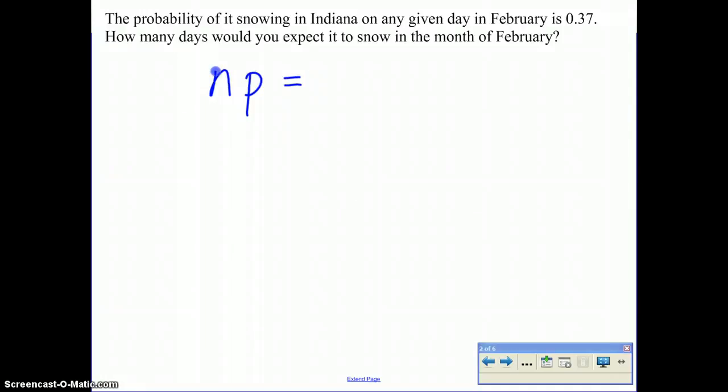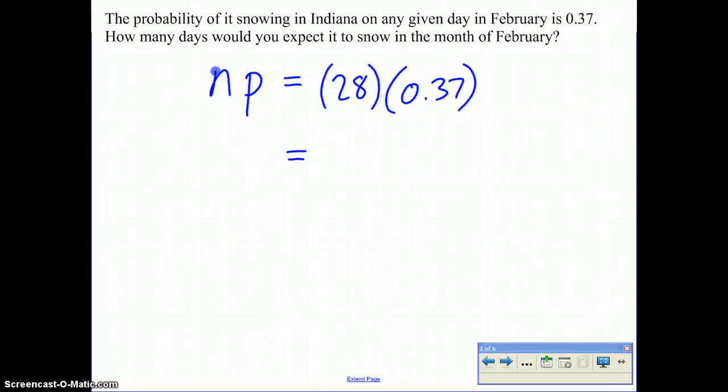Although this is leap year, let's say it's not, the number of days generally in February is 28, and the probability of it snowing is 0.37, so the expectation is 10.36 if you multiply those numbers together.